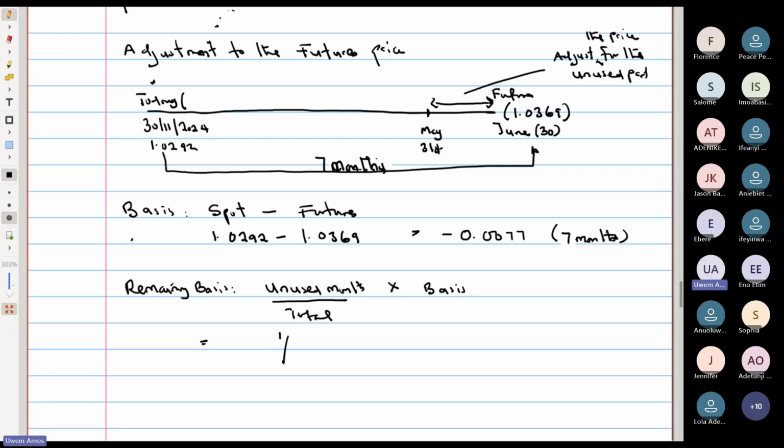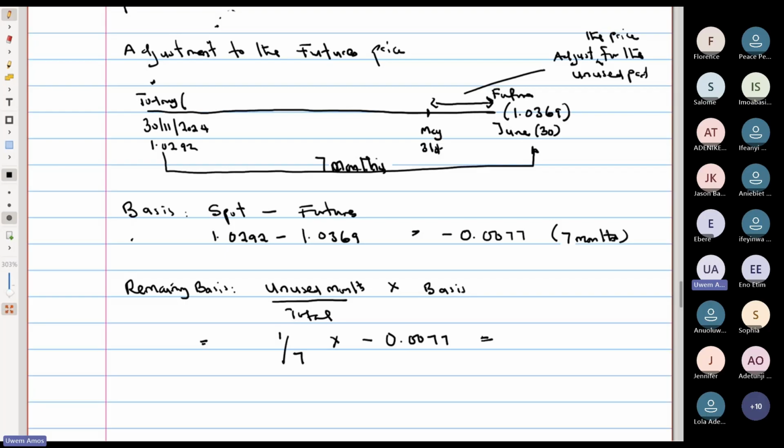Okay. So 1/7 multiplied by minus 0.0077. So what is the remaining, the unused part that we need to adjust our futures price for? 1 divided by 7 multiplied by minus 0.0077.